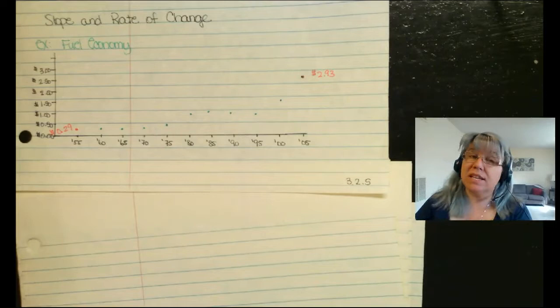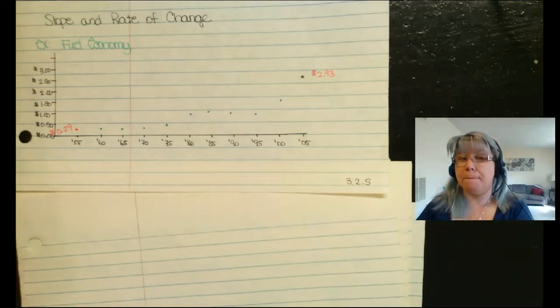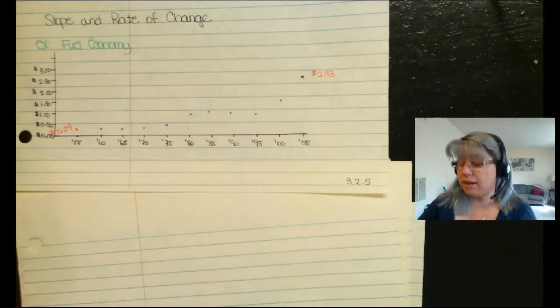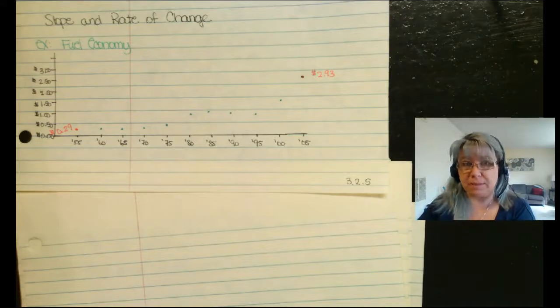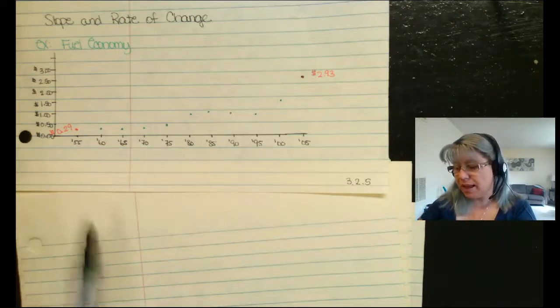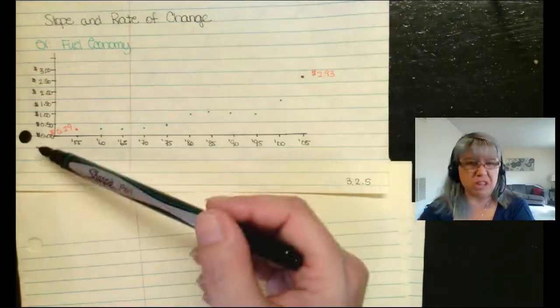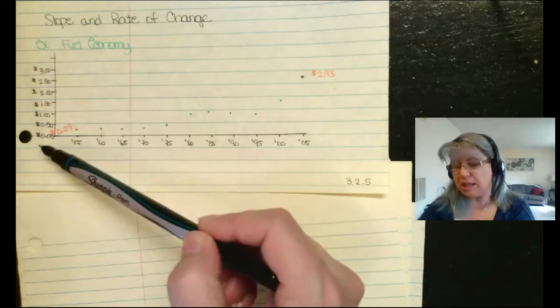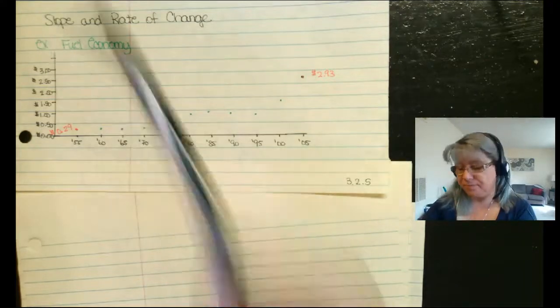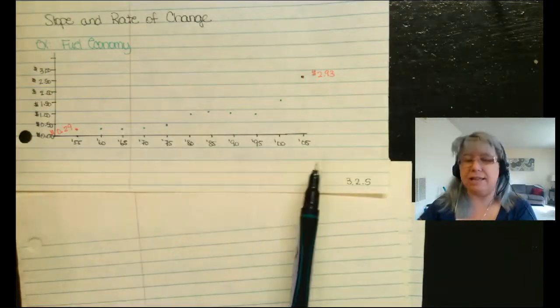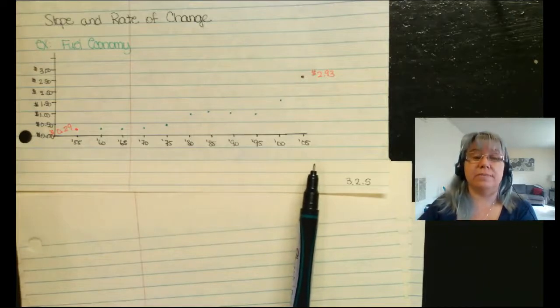Many times we need to extrapolate data from a chart or a graph and then be able to manipulate it using our algebraic sense. So here we have a chart. On what would be the y-axis is dollars, and on the x-axis are years.